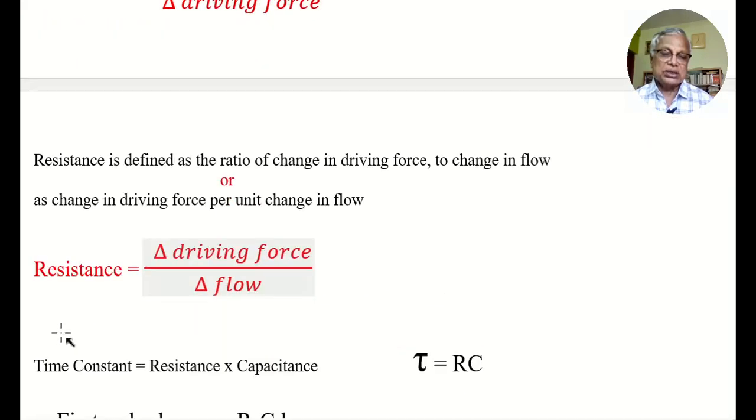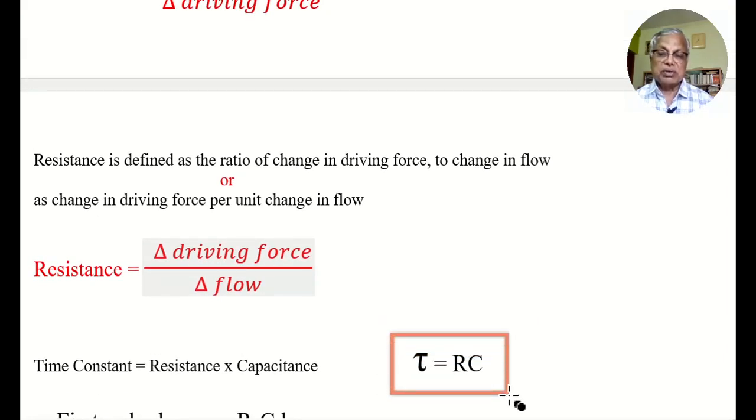Now the time constant of a first order process is equal to the product of resistance and capacitance. Time constant tau equals R times C, where R stands for resistance and C stands for capacitance.